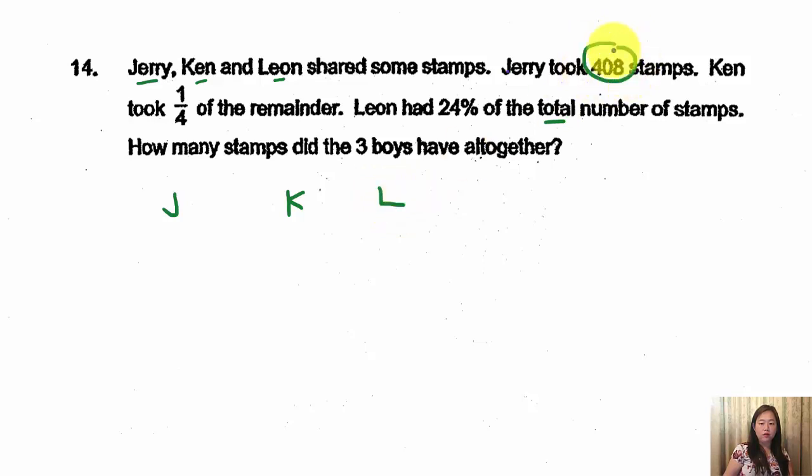Jerry took 408 stamps. Ken took 1/4, which means that this is 1. And since remainder, it's 4. So 4 minus 1 is actually 3. Both are from the remainder. So Leon had 24% of the total.